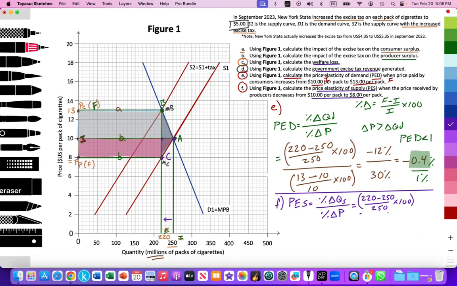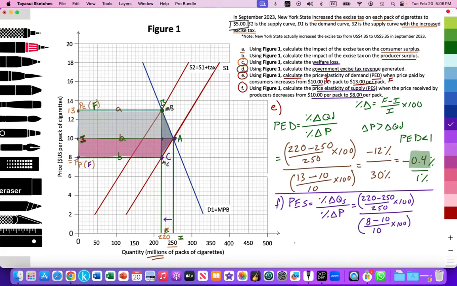And then all of that divided by the change in price. That will be the final price received by the producer being 8 minus the initial of 10, divided by the initial, times 100.